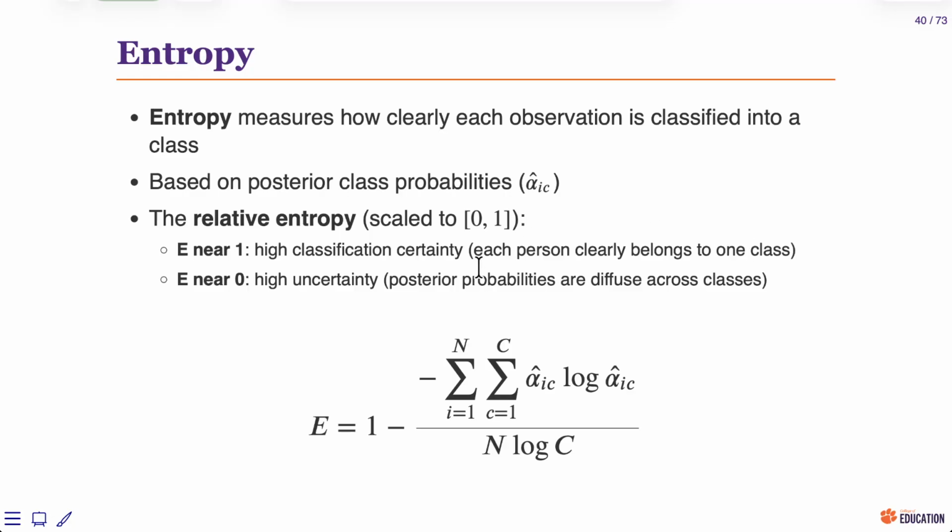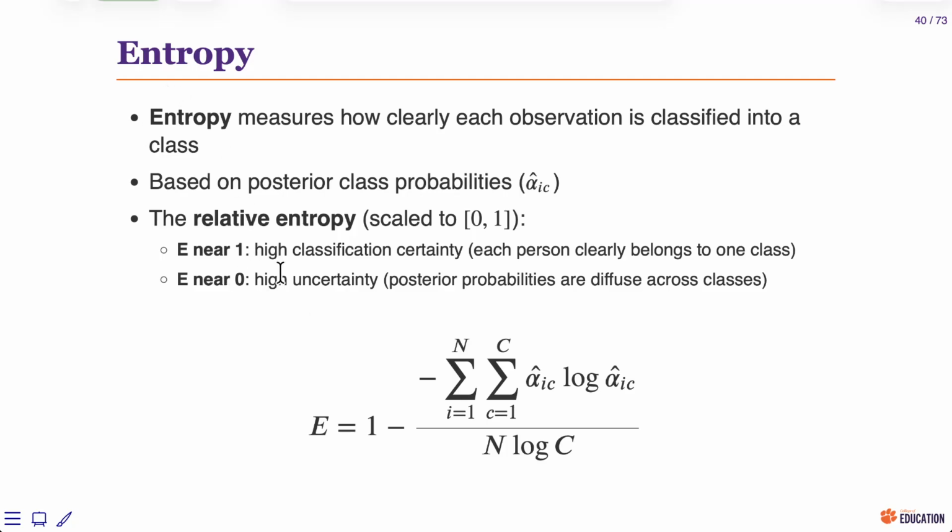Each person clearly belongs to one class and one class only. So you can think of a relative entropy of 1 as being that case that I gave you in the example, where a person has a probability of 1 of being assigned to one class and 0 for all the other classes. So basically, we know they're 100% in one class. We're 100% certain they're in one class.